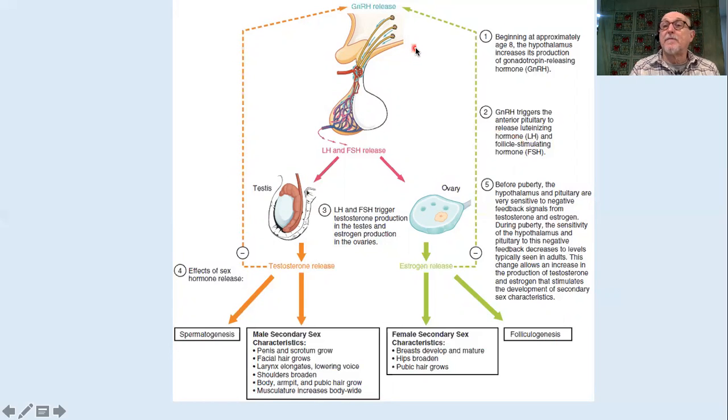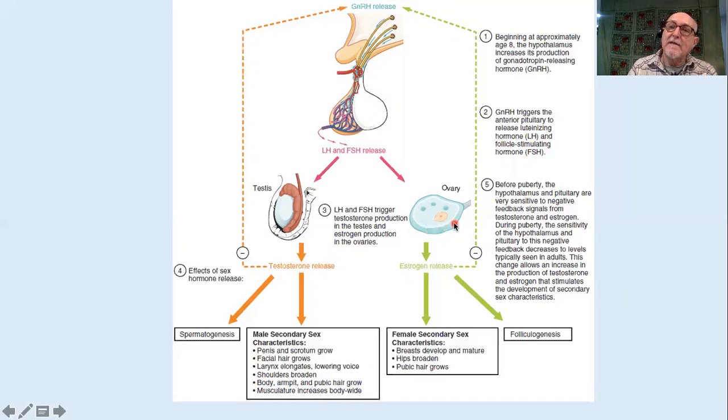And the hypothalamus is continually producing a hormone called gonadotropin releasing hormone. And that gonadotropin releasing hormone acts on the anterior pituitary to produce luteinizing hormone and follicle stimulating hormone. And those hormones will go to the gonads, to the ovaries and the testes.